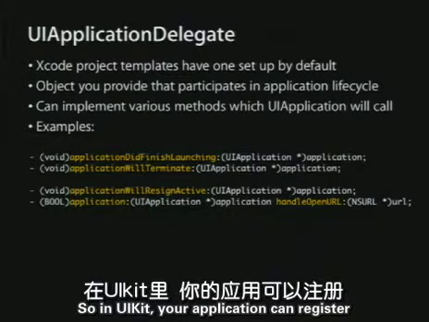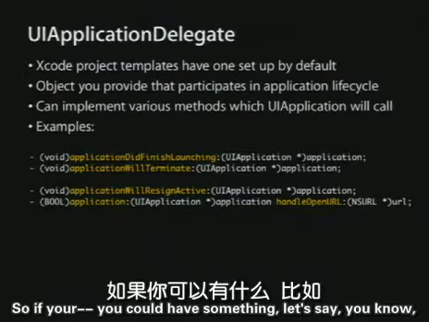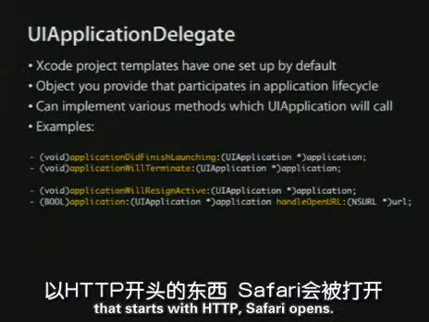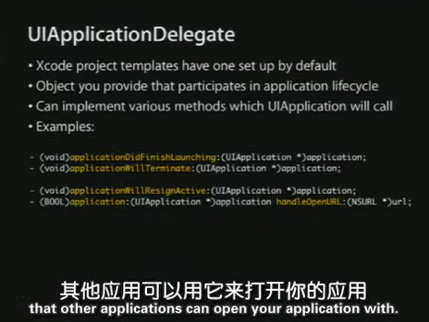So in UIKit, your application can register for a schema. HTTP is a schema, so whenever you click on something that starts with HTTP, Safari opens. You can have custom schemas that other applications can use to open your application.